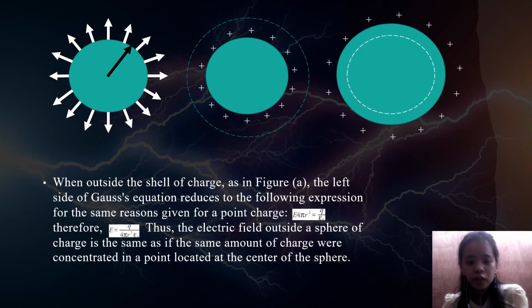When the shell is charged as in figure A, the left side of Gauss's equation gives the following expression, for the same reason given for a point charge. Therefore, the electric field outside the charged spherical shell is the same as if the same amount of charge were concentrated at a point located at the center of the sphere.